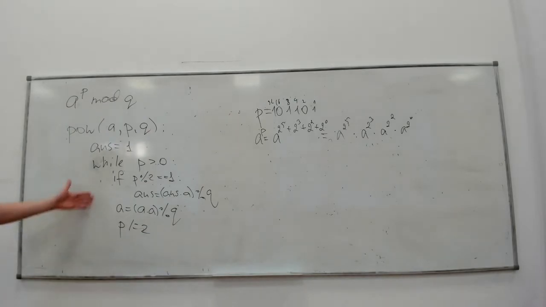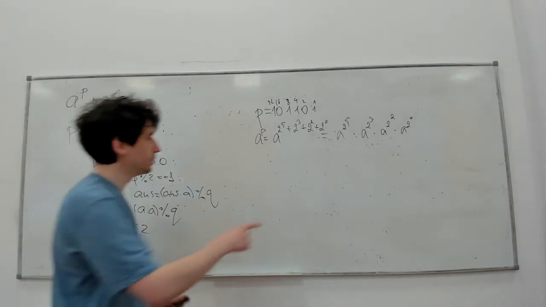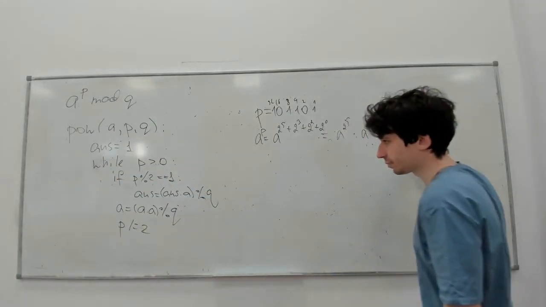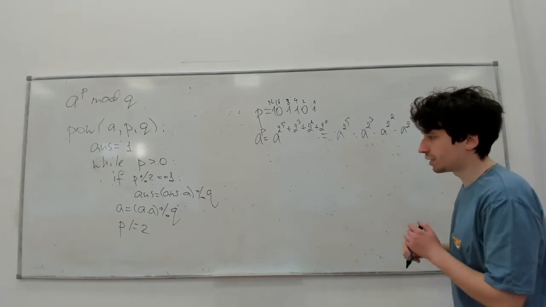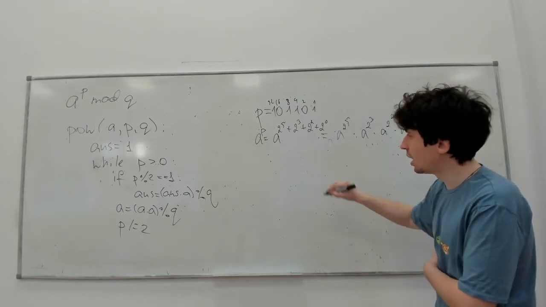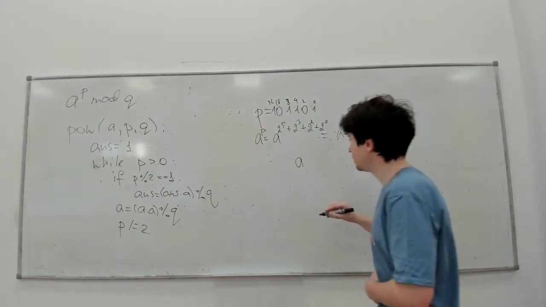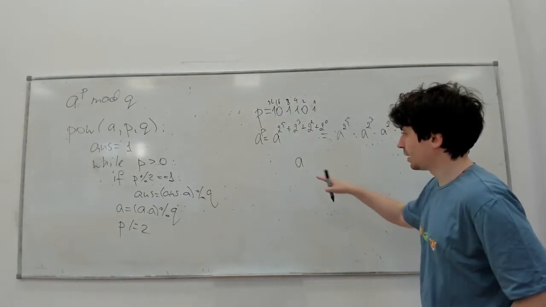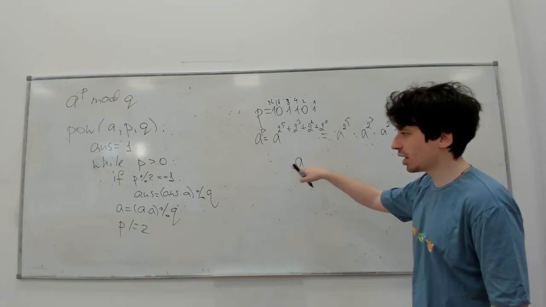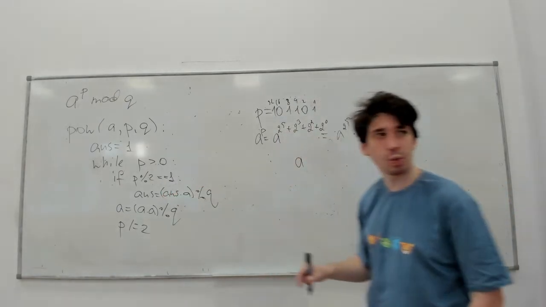It appears that this is exactly how our algorithm works. So we start from the lowest bit. Currently it is A, and we check if P modulo 2 is equal to 1.